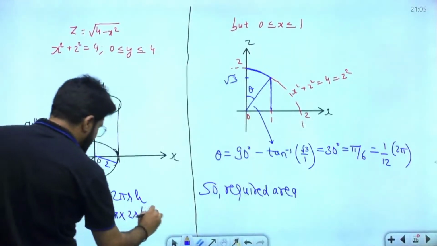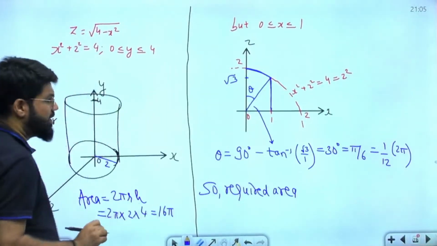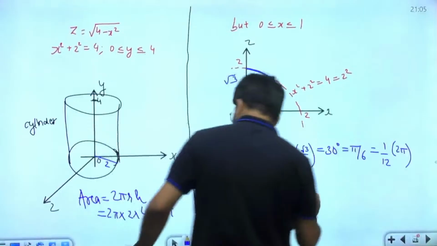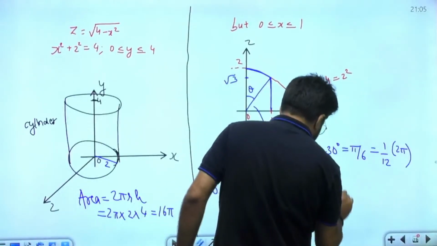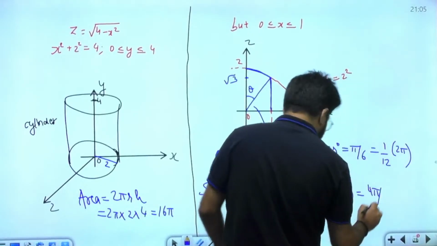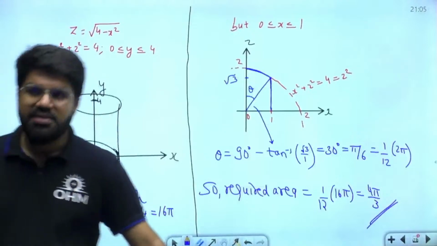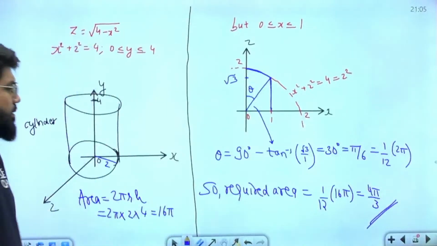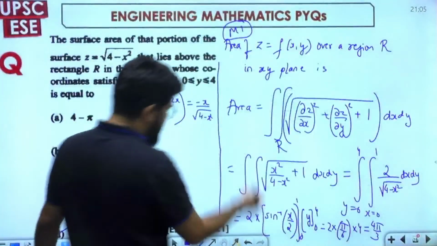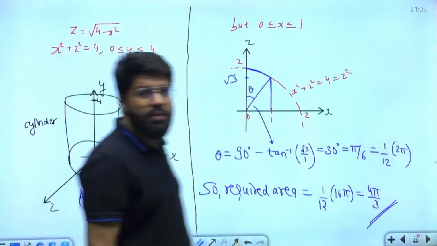So this becomes 16 pi, the area of the entire cylinder. But the required area should be 1/12 of this, and that becomes 4 pi by 3 again. That is the correct answer again, 4 pi by 3, option number D. Anyways, we solved by the formula as well, and we solved by drawing this particular picture.